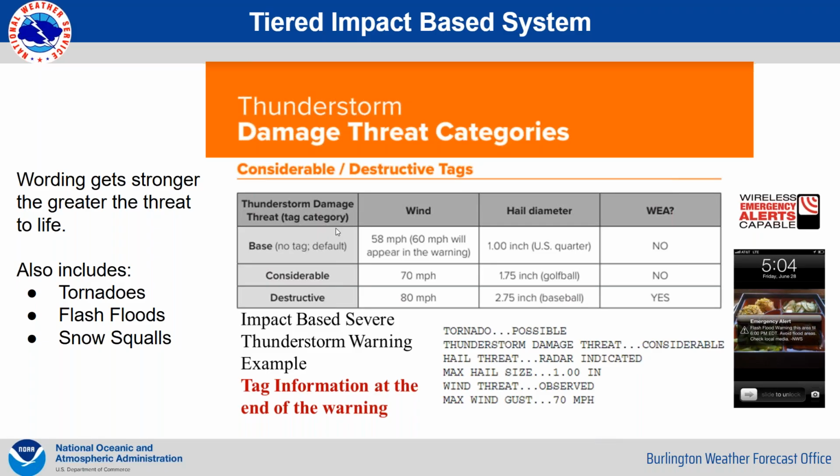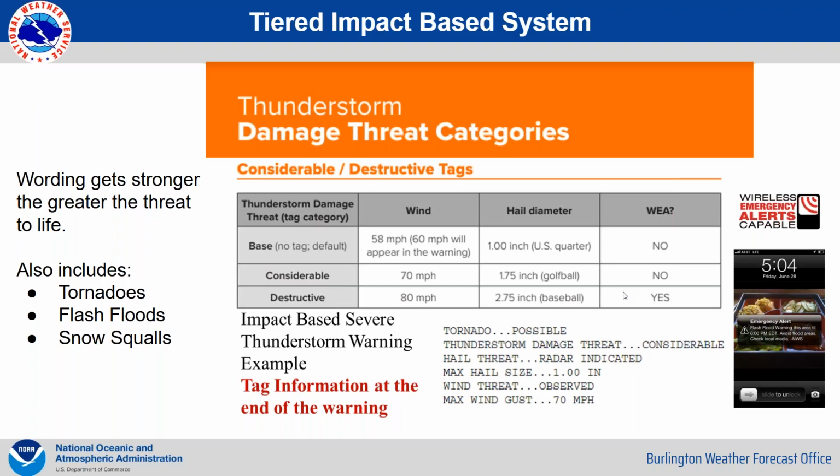So sometimes in our warnings, you might see a considerable tag, where they may indicate wind gusts near to above hurricane force, or you may see us apply destructive tags where they are definitely producing above hurricane force gusts, or they may be producing hail on the size comparison of baseballs. When we get to these destructive tags, the wireless emergency alert systems will go off because they are particularly dangerous and are a greater threat to life and property.